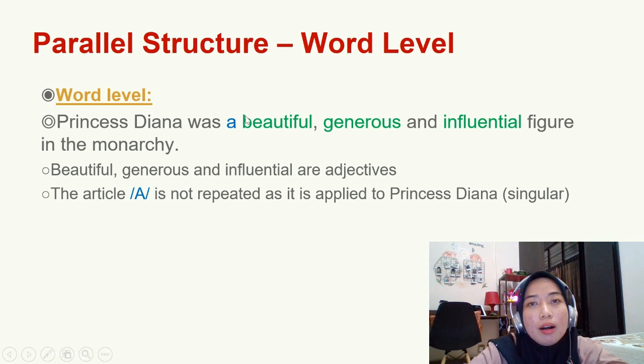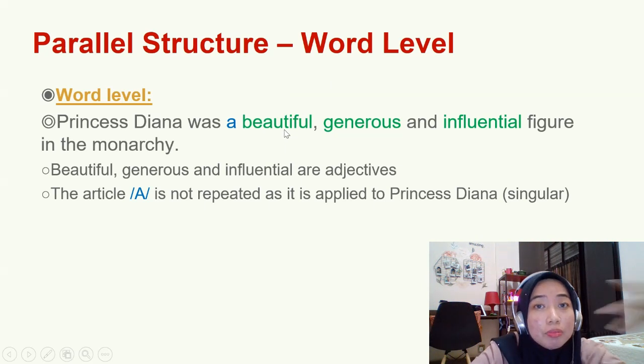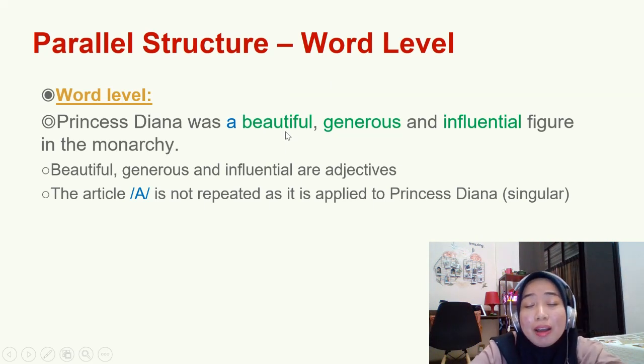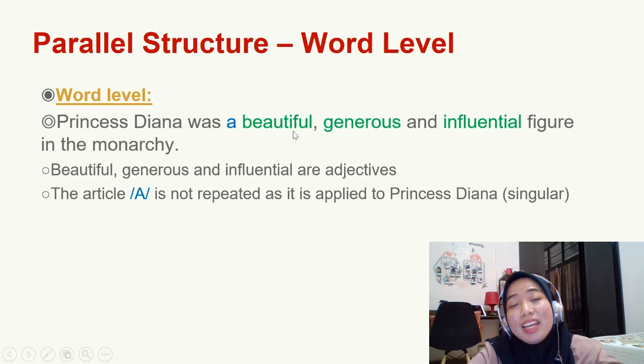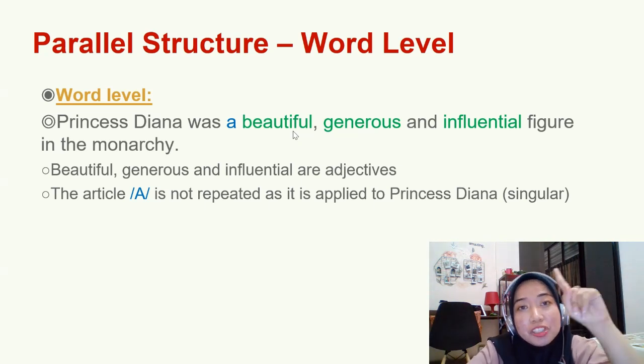So here, in order for us to keep it consistent and parallel, we have adjectives, or words to describe a person. In the context of this sentence, we're describing Princess Diana. We're saying that Princess Diana was beautiful, an adjective.